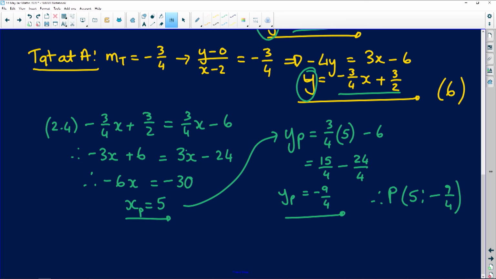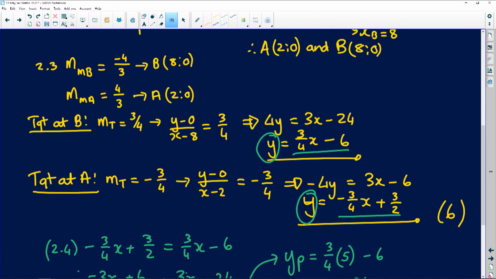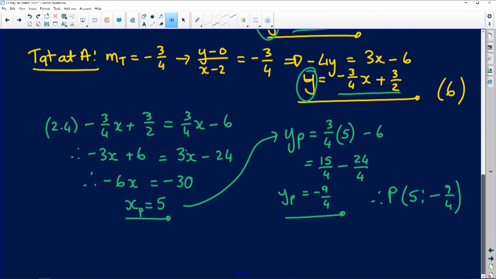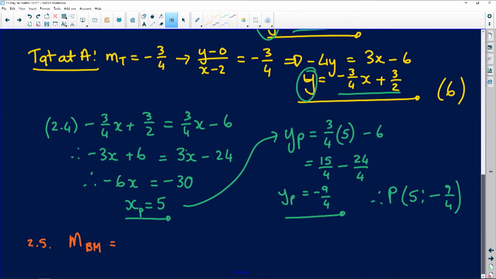Okay, so we need the gradient of BM, and we just found that gradient of BM. Where is my gradient of BM? There we go. Minus 4 over 3. So the gradient of BM, we said, is minus, now can you believe I forgot it? Minus 4 over 3.